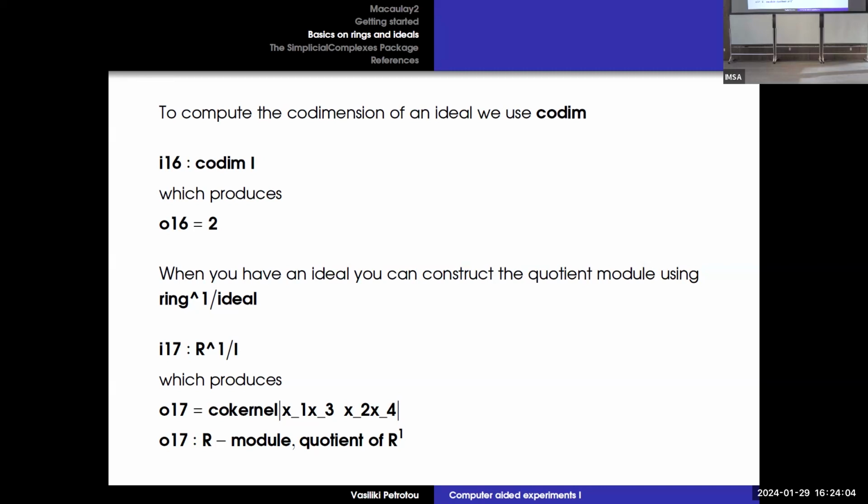Modulo, the name of the ideal. So if we want to construct the module which is related to the ideal I, R^1 over I, it says that this is a quotient module, which is a quotient of R^1. It also says which structure we work with.